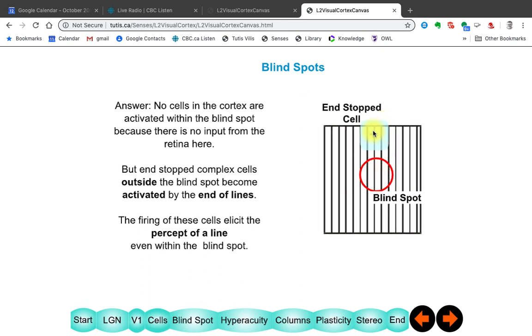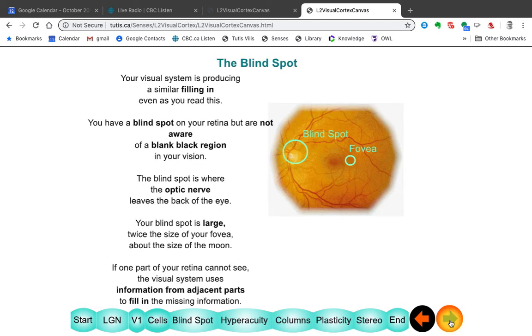So every time this line appears, even though it's not visible here, it'll fire off a neuron that says a line ends at those 2 points, and you'll fill in that line. Now, you might think this is nice theoretical stuff, but you'll see in a moment that all of you are doing this right now.